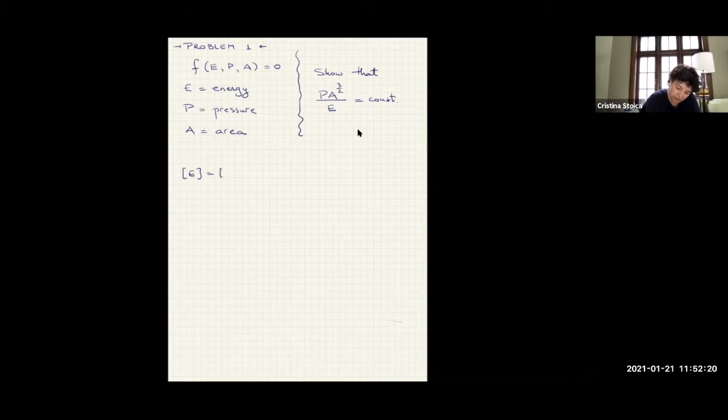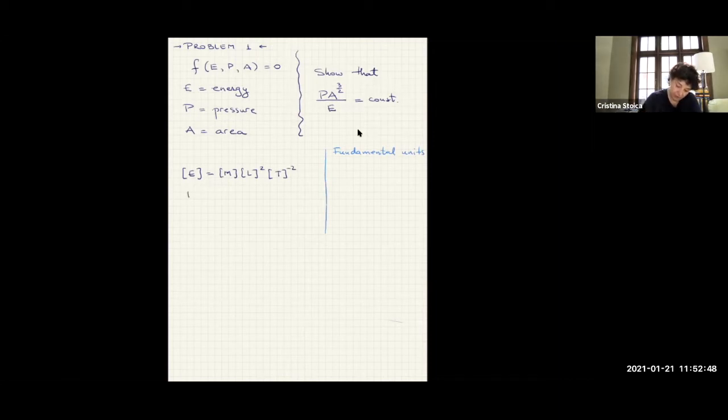So that would be mass, length at power 2, time at power -2. And on the right here, I'm going to record the fundamental units that are showing up in this problem.